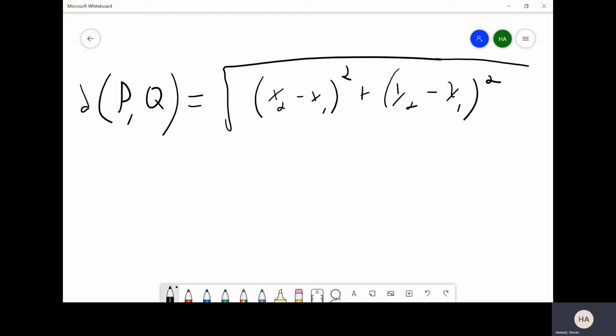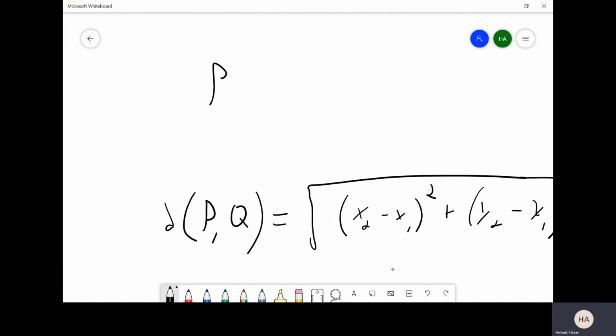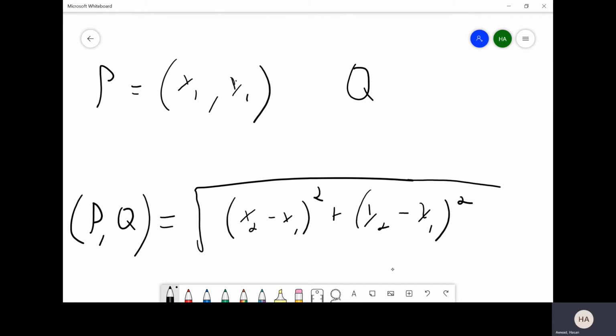Okay, so what are x2, x1, y2, and y1? Well, if we're talking about P and Q, we know that P is going to have some sort of x component, so we'll call it x1. And it's also going to have some sort of y component, so we'll call it y1, not y2, sorry, y1. And then the same goes for Q, but we know that they're different components.